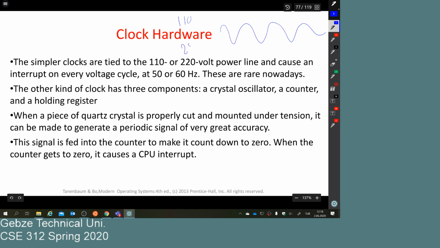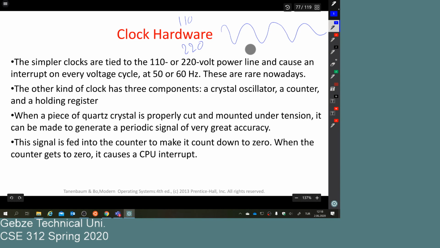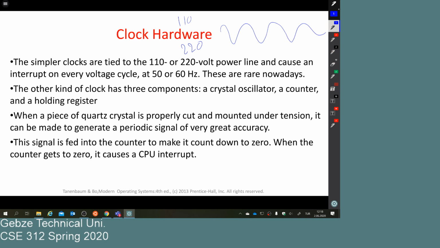In Europe it is 220 volts. So the frequency of this power cycle is 60 hertz for USA, 50 hertz for Europe and Turkey.